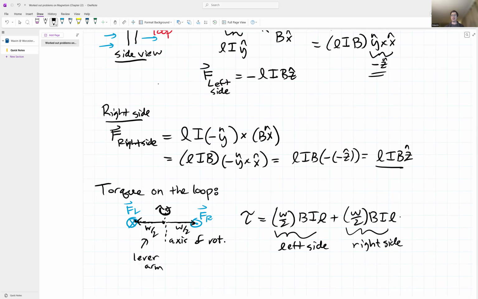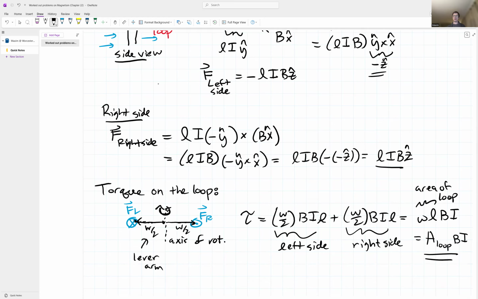So interestingly enough, they both add together and you get WLBI. But you might recognize that this is just the area of the loop, because it's the width times the length. So this is also equal to the area of the loop times B times I.